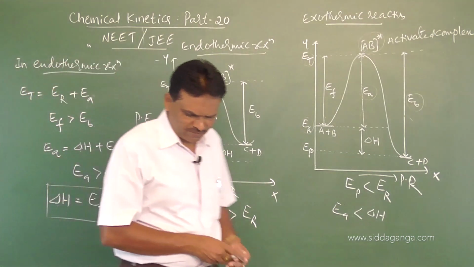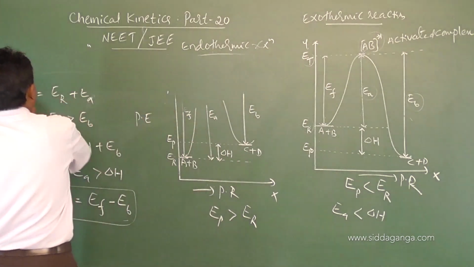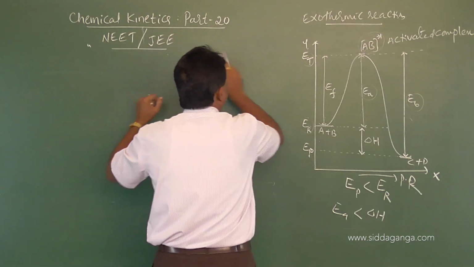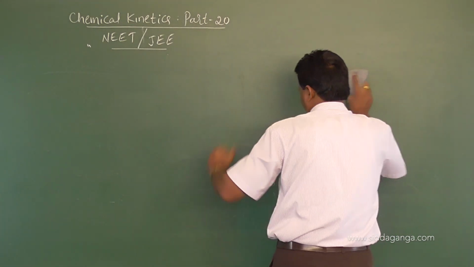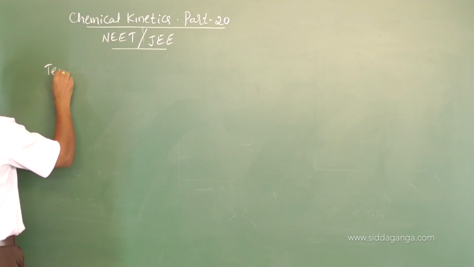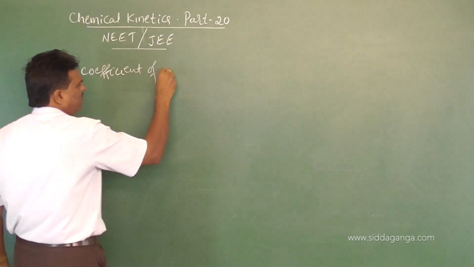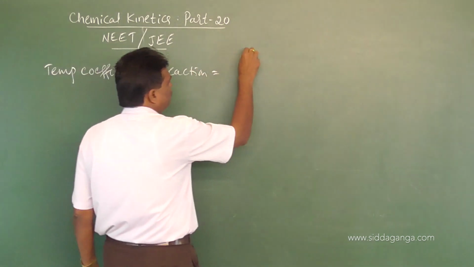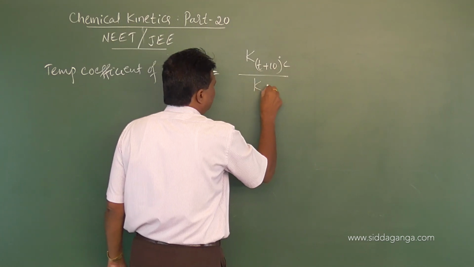Clearly, here is the concept. Next, what is meant by the temperature coefficient of reactions? Another concept, temperature coefficient of reaction. Remember it well: it is the ratio of velocity constant at T plus 10 degrees centigrade to the velocity constant at T degrees centigrade.